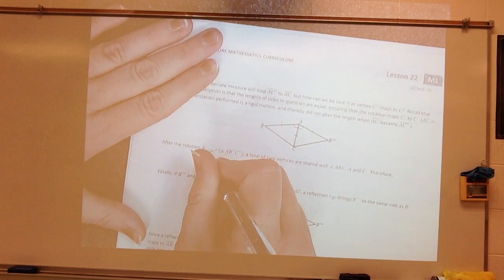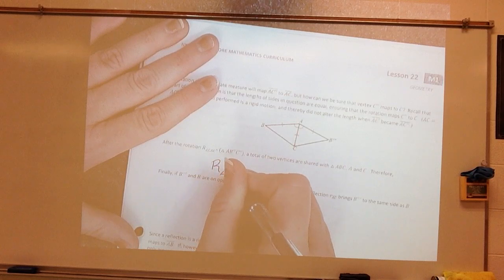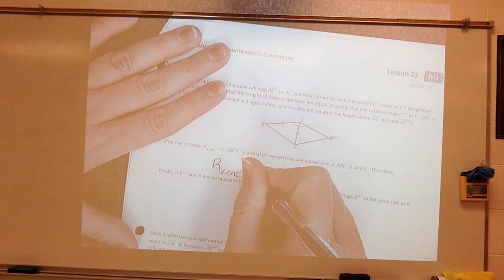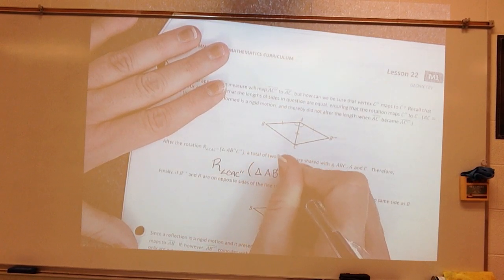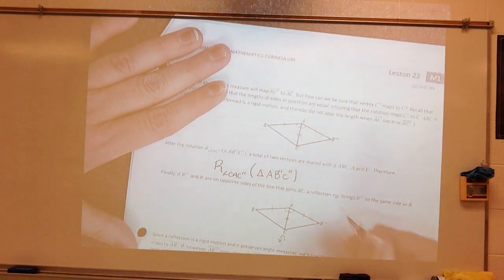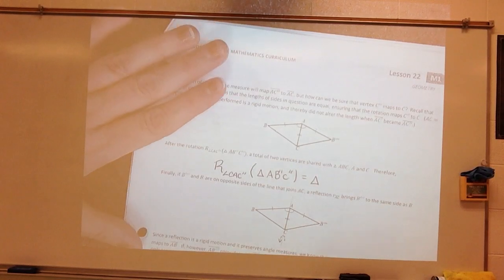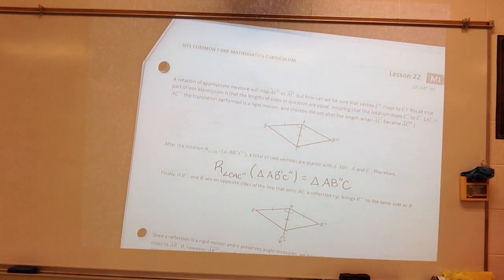We can say the rotation of angle CAC double prime of triangle AB double prime C double prime is going to be equal to the triangle AB double prime C. Because we've now put A and C back together, the only point that we have not done is B. Alright?